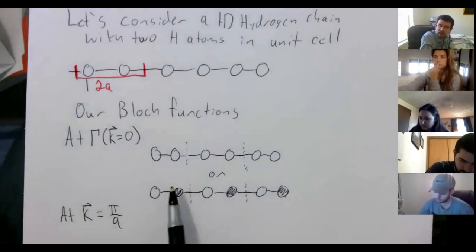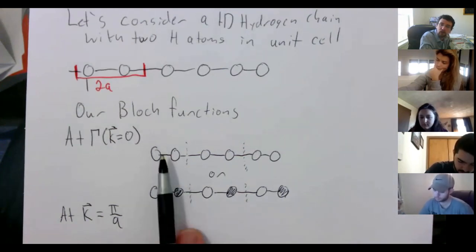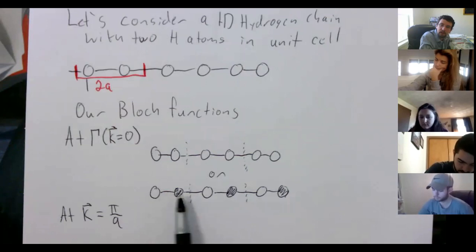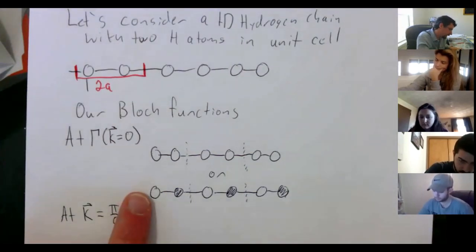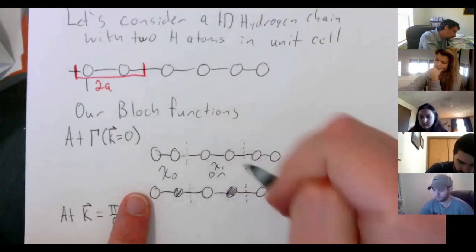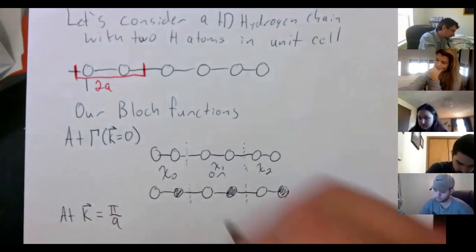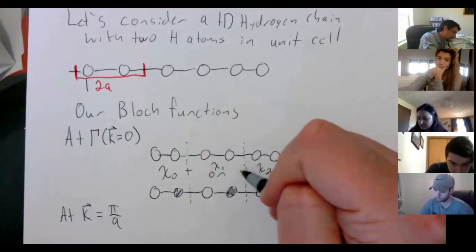So since we have two atomic orbitals in here, and we're looking at some sign changes, our band structure's got to look this way. It has these two options. So if you notice, this would be like chi 0, this is chi 1, this is chi 2. And there's still a plus sign between each of these.